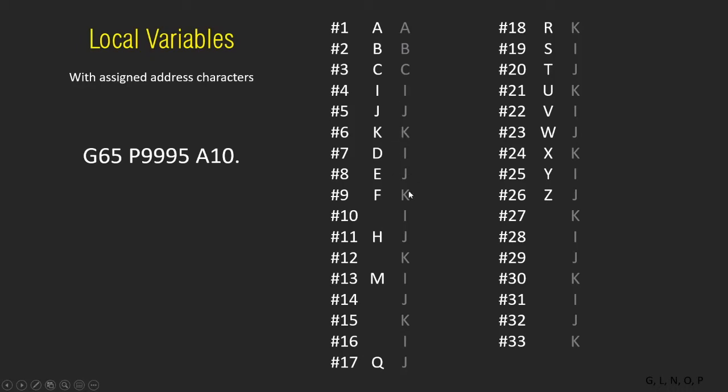But if there's several I's and several J's and several K's in a line of code, that gets confusing. So I recommend the ones that I have highlighted there. And then of course, all these other variables, the 27 through 33 as an example, are still available for use. It just doesn't pass information across in a subroutine call.